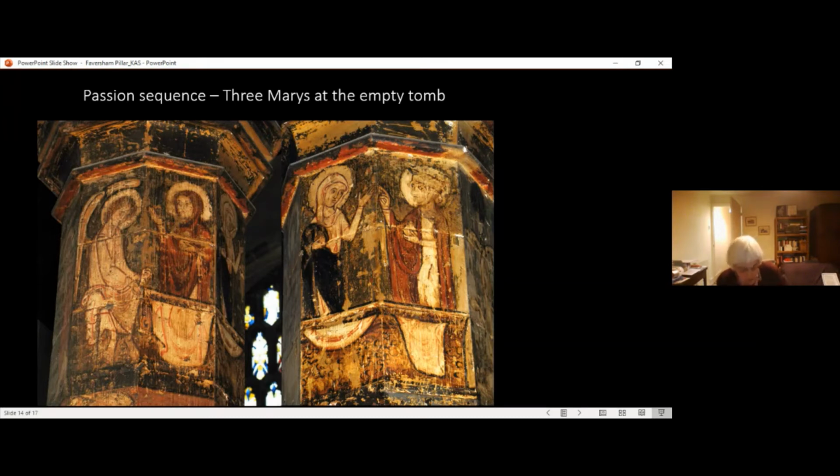For example, Christ's suffering on the cross would bring a heightened sense of devotion, what is commonly called affective piety, an emotional response. And if anybody has ever read the book of Margery Kempe, you will see the affective piety in action.